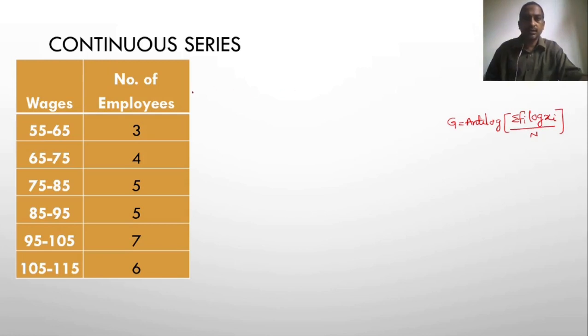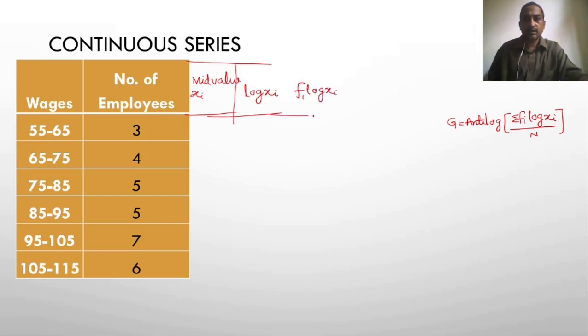You know that in the continuous series xi is nothing but the mid value. Once you find the mid value, next you find log xi, and then you multiply with the frequency, fi into log xi. So just construct the table.